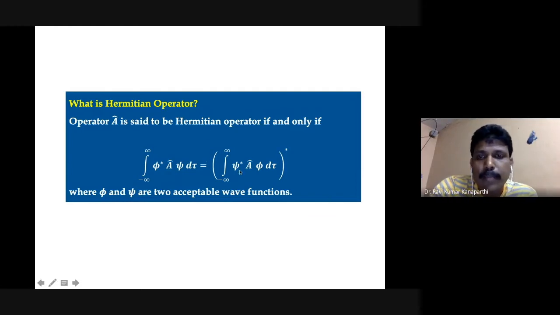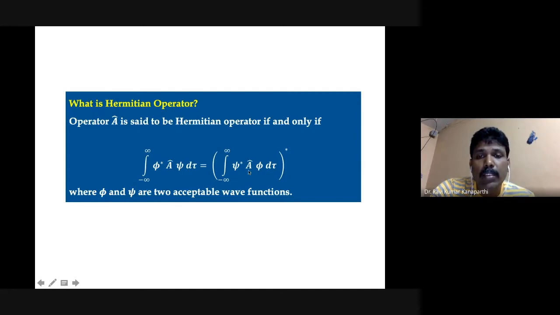Previously, we allowed our operator A to operate upon the second function. But now, the same operator, you allow it to operate upon phi instead of psi.